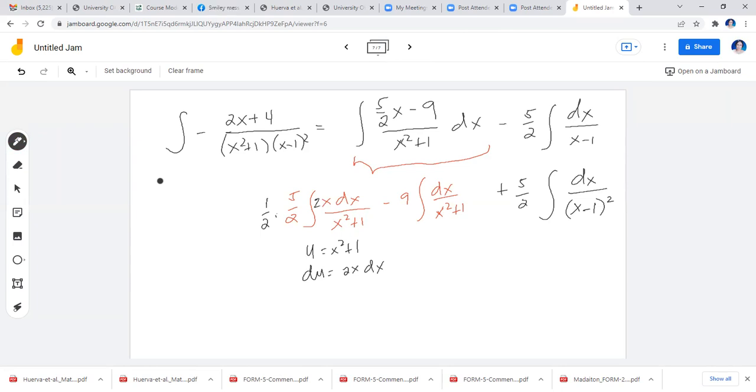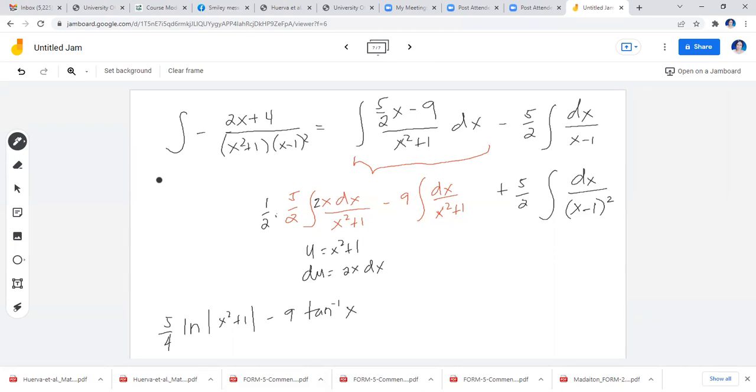So for the first term, your answer will be 5 over 4 ln of x squared plus 1 for this one. Right? Now I'll go to this. This is an arctan, right? 1 plus u squared, an arctan. So minus 9 arctan of u. What is your u? That's your x.